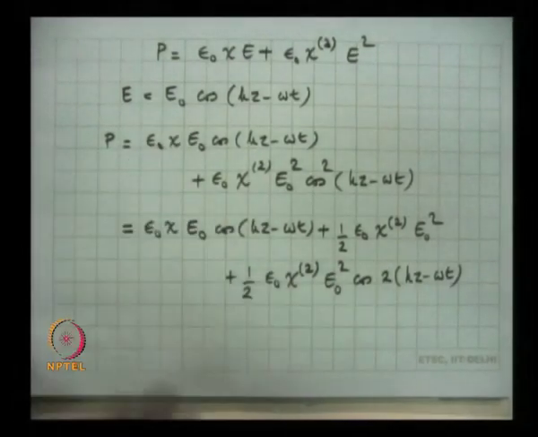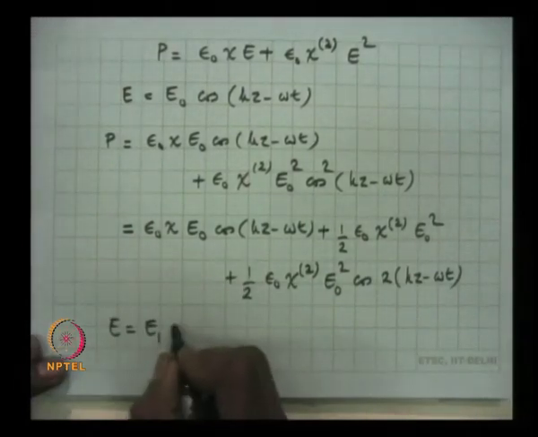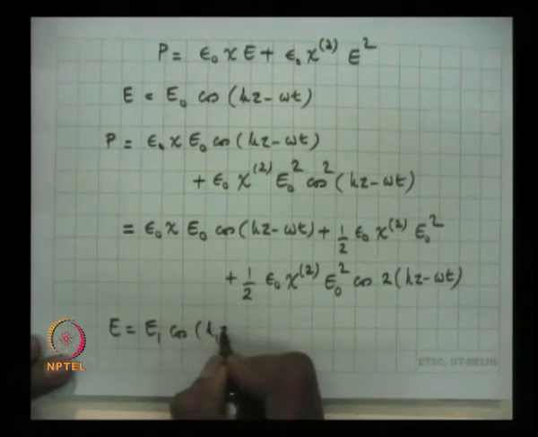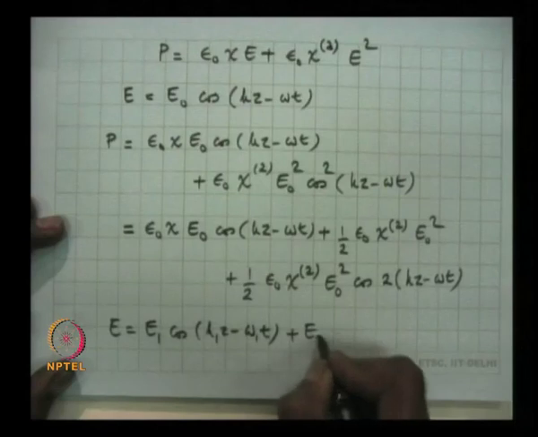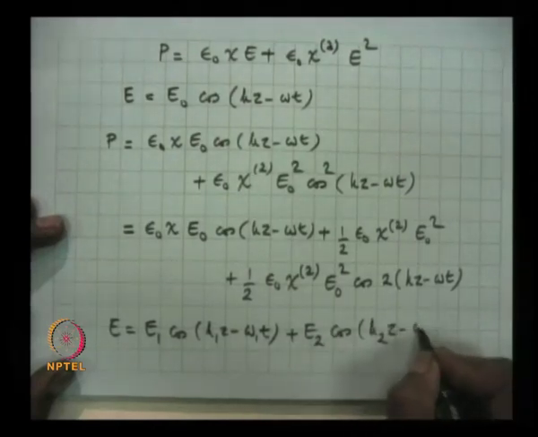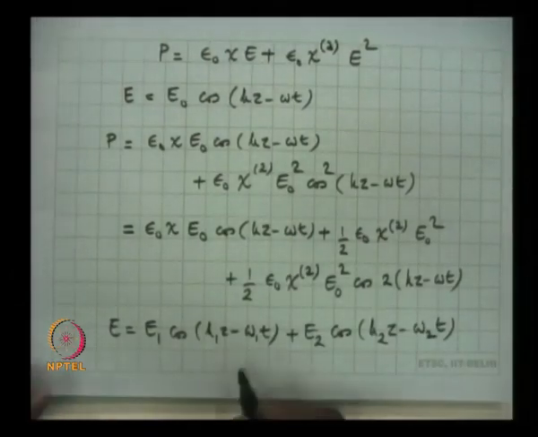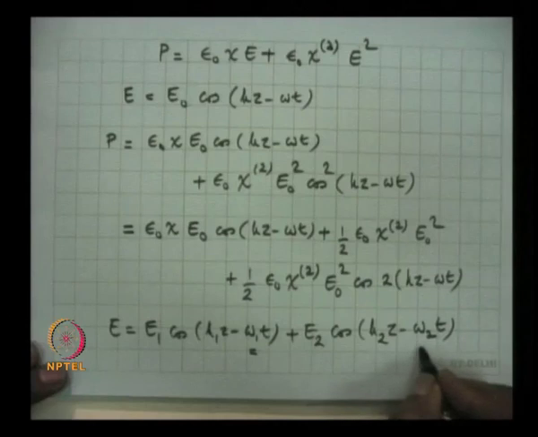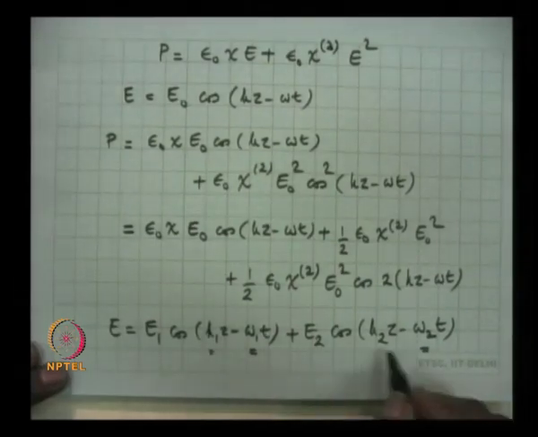If you take, for example, E equal to E1 cos(k1 z minus omega1 t) plus E2 cos(k2 z minus omega2 t), that means your light wave has two frequencies omega1 and omega2, with propagation constants k1 and k2.